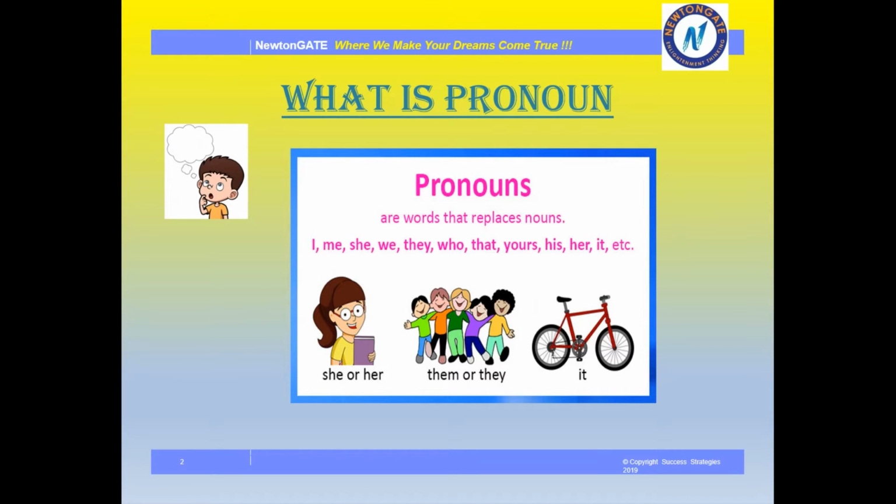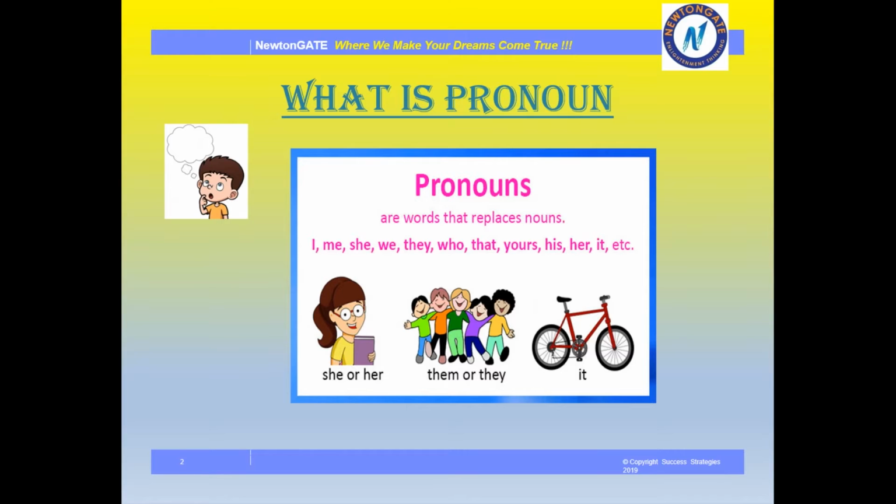Now, pronouns are words that replace nouns. Means instead of nouns, you can use pronouns in a sentence, like I, me, she. Like if you say Rita dances well, Rita is a very good girl. Instead of Rita, we can say she is a very good girl.